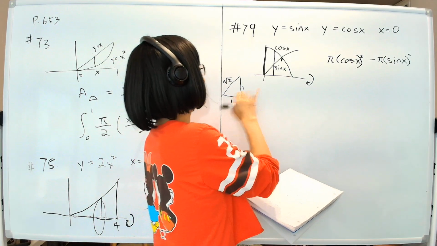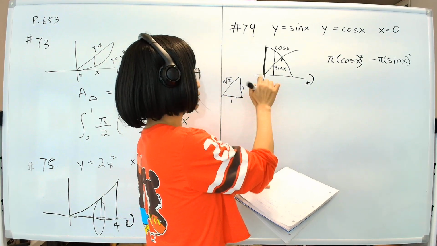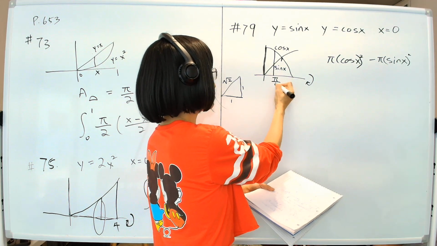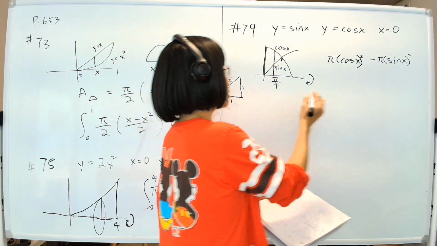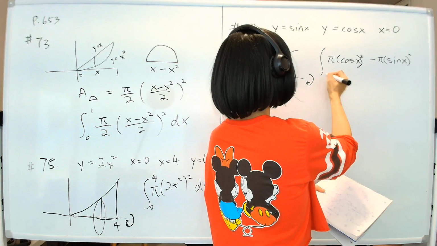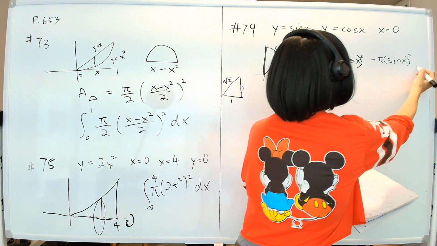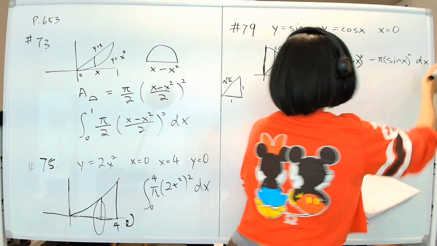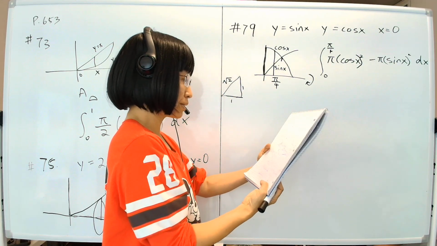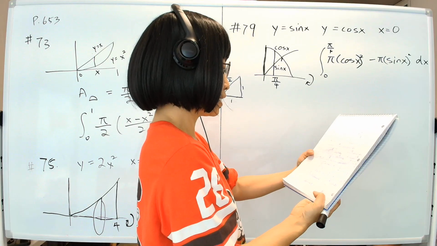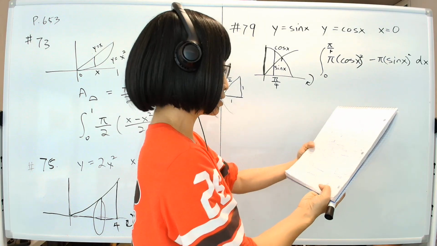Therefore, that angle would be pi over 4, okay, 45 degrees. So we're integrating this whole thing from 0 to pi over 4 of dx. Area times the little dx becomes a small volume. And then once we perform the integration, the whole thing will come out.